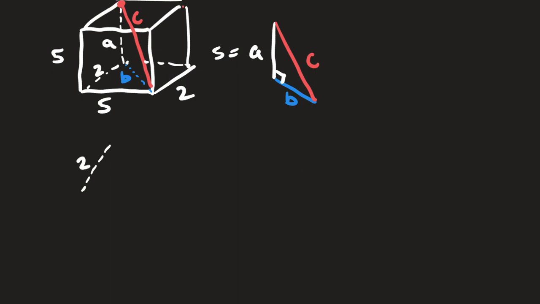So that's 2 right there. I know that this front right here is 5, and B, this side right here, we're trying to figure out. Since it's a box, it doesn't look like it right now, but that part's 90 degrees. You have to use your imagination that it's a box, so it's a right angle.